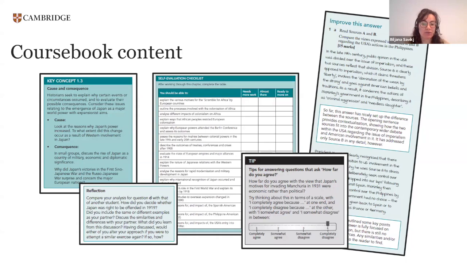Also the self-evaluation checklists at the end of each chapter help students to evaluate how confident they are with their learning of the topics. As well as, importantly, practice questions. They are really important for our students and teachers because they help students apply their knowledge and prepare for the assessment.